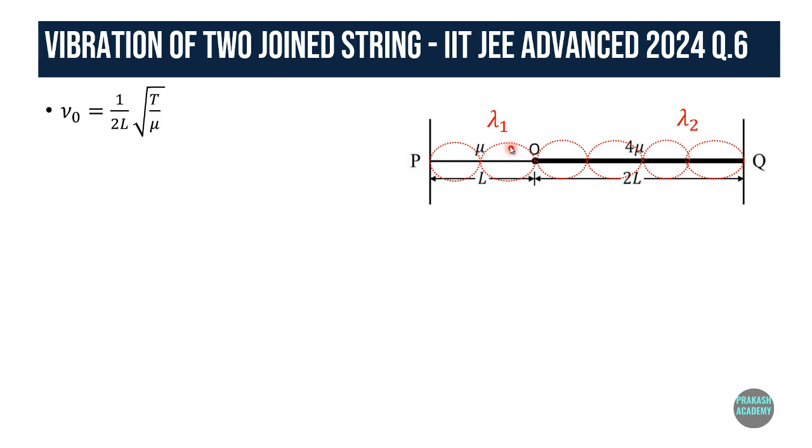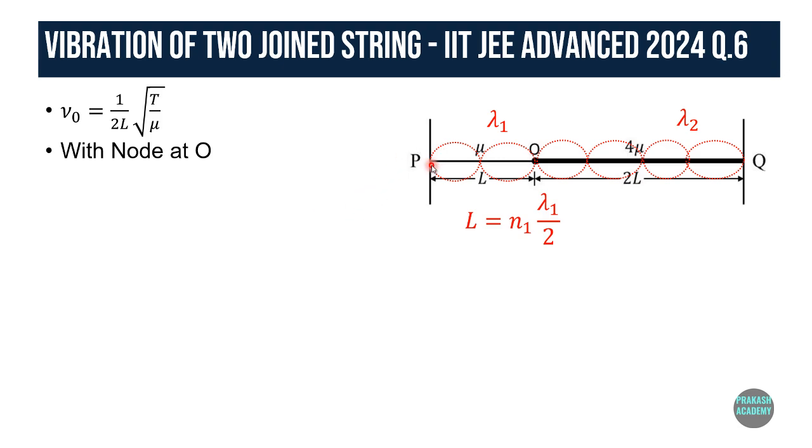Let us say lambda 1 is the wavelength in this part of the string and lambda 2 is the wavelength in this string. Nu naught is given in the problem, that is this value. So this is the situation with a node at O. Now if you remember, the length of any loop in a standing wave is lambda by 2.